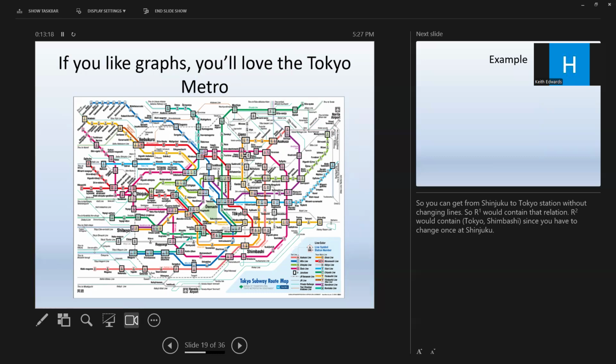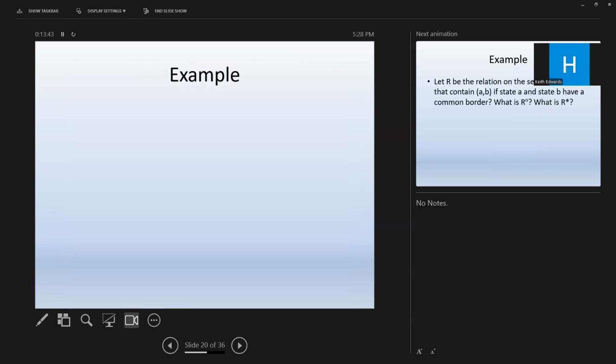Yeah, we can do that without changing lines, and you can trace through that. R2 would contain Tokyo and Shimbashi, since you have to change once at Shinjuku to get to Shimbashi. And then you could see what R3 would contain. In some of these more far-flung stations, you're definitely going to have to make a change of train.